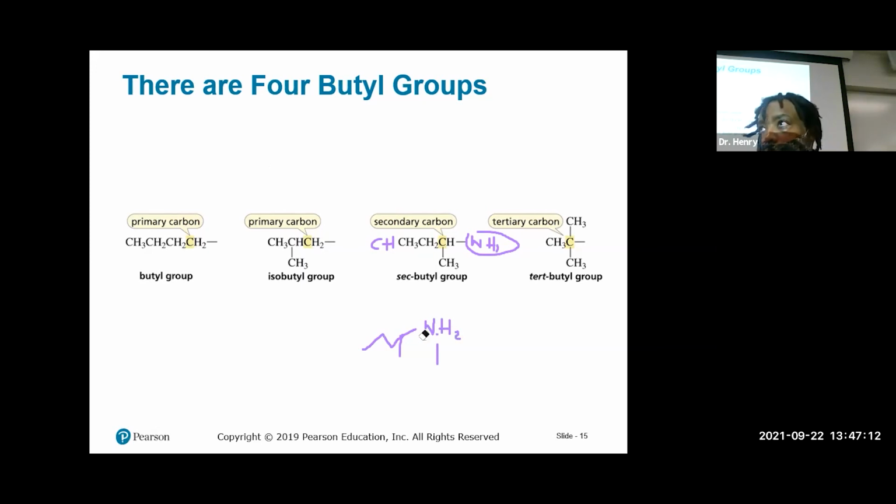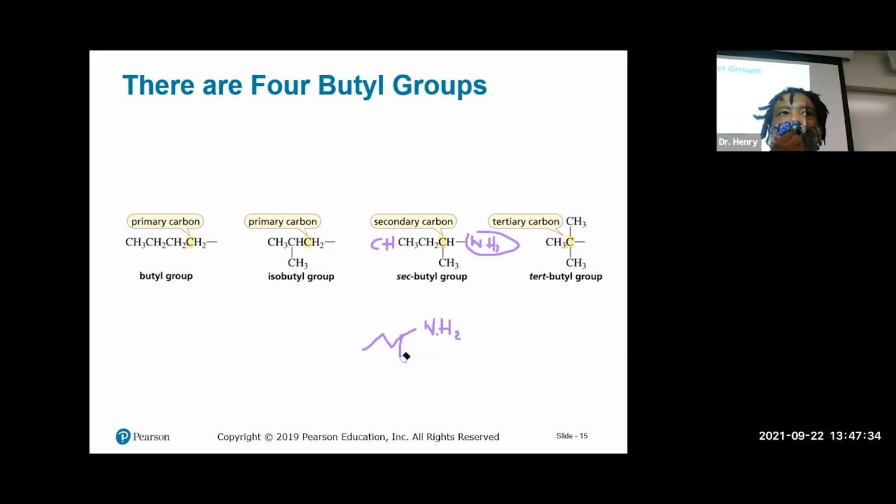And let me get rid of the line. 1, 2, 3, 4, 5. Okay, so the methyl group coming off, and then 1, 2, 3, 4 carbon chain added on. 1, 2, 3, 4, total of 5.